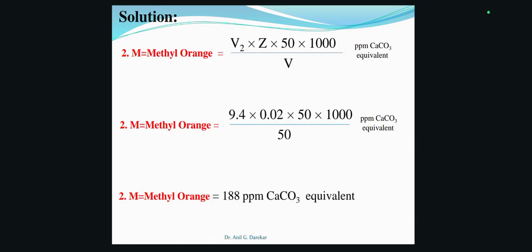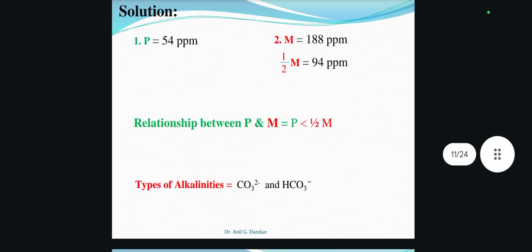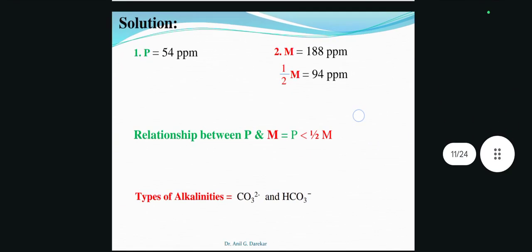So put the value of V2 as 9.4. The rest of the values are the same as in the phenolphthalein endpoint. The only difference is in V1 and V2. If you do the calculation using a calculator, you will get the value of methyl orange, and that value is 188 ppm.